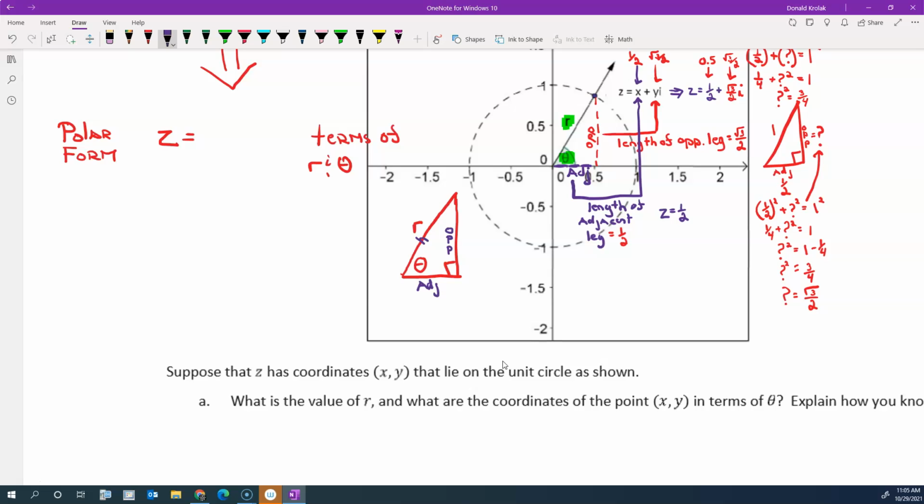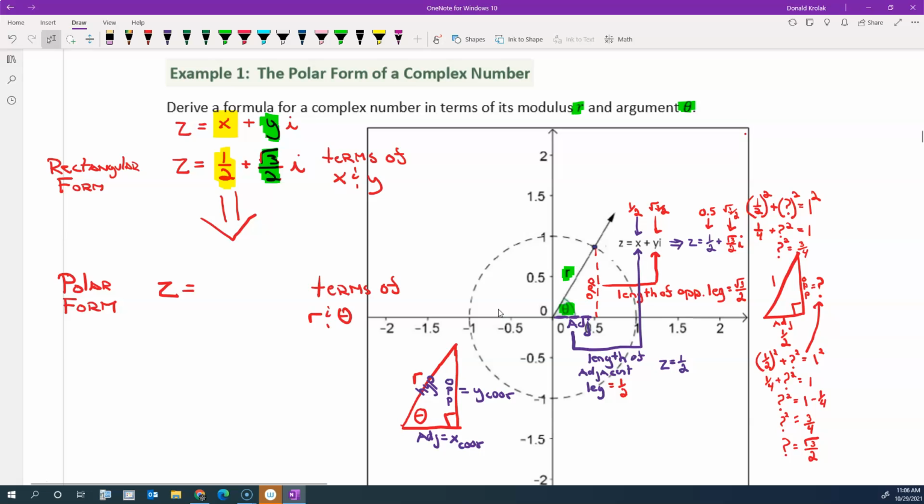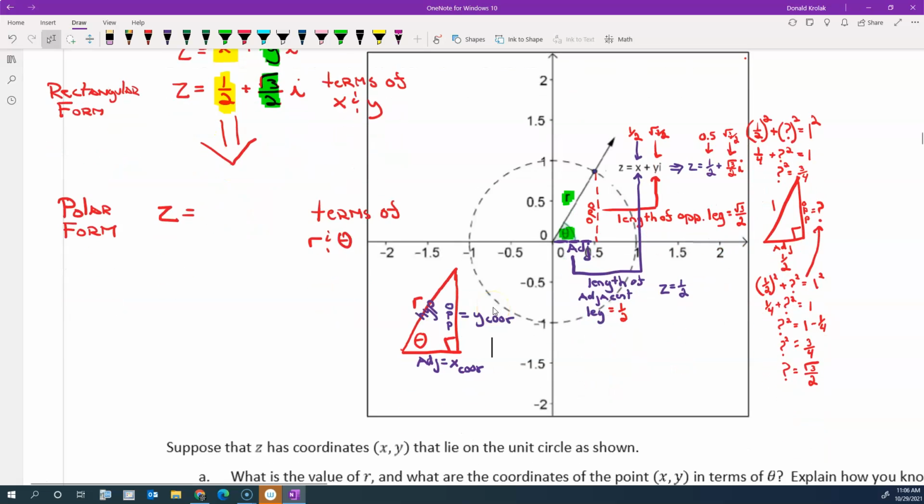And R is also the hypotenuse. All right. What coordinate is the adjacent the same as? The X or the Y? Yep. The adjacent is the X coordinate, and the opposite is the Y coordinate. So the opposite was √3/2, and the adjacent was 1/2. These were our two coordinates in yellow and green.